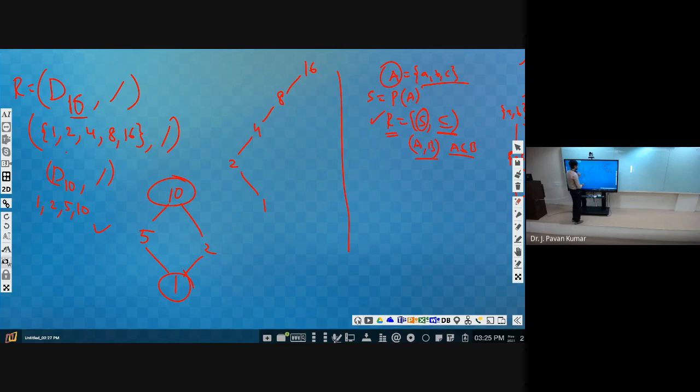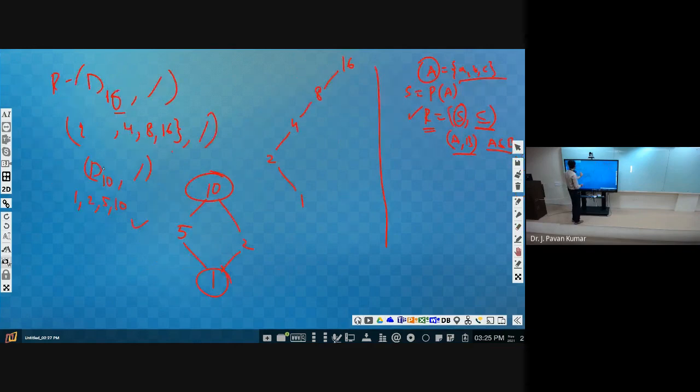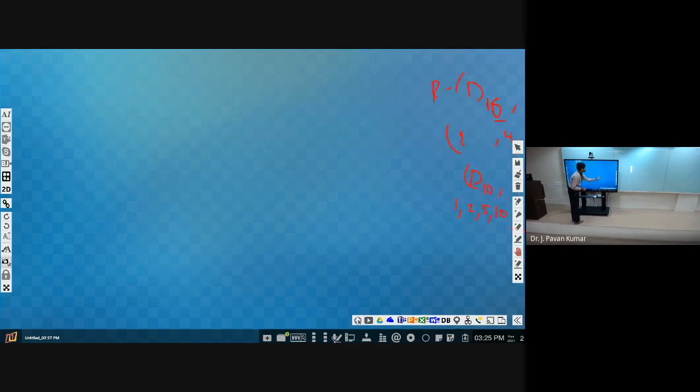Similarly, consider one more example. We have 1, 2, 5, 6, 12. Consider 10, 12, 16, 60, 80 like this.